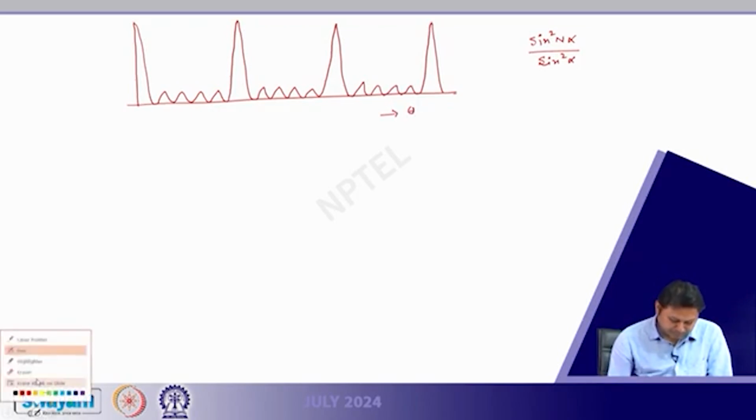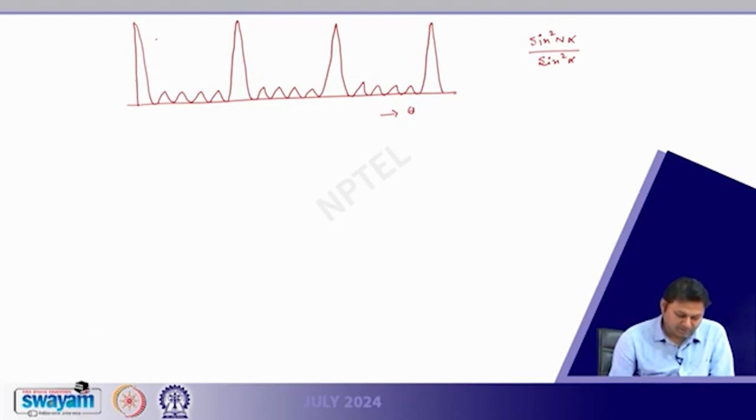Now, on top of that, if I put the spectra, the intensity of the diffraction pattern, then it should be like this.